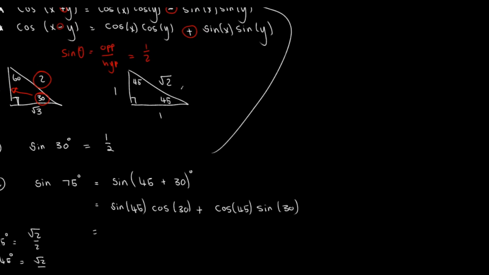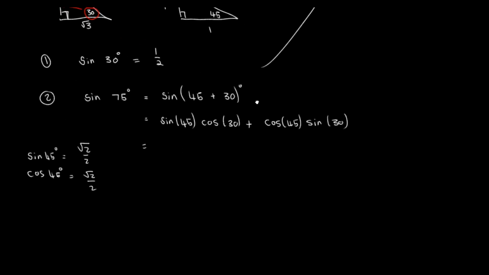Why is that the case? Because for 45, my opposite over hypotenuse gives me 1 over square root 2. I can multiply both my numerator and denominator by square root 2. This gives me square root 2 over square root 4, which is therefore square root 2 over 2.